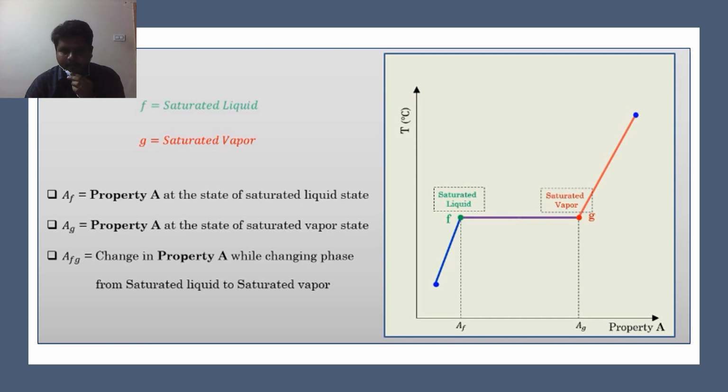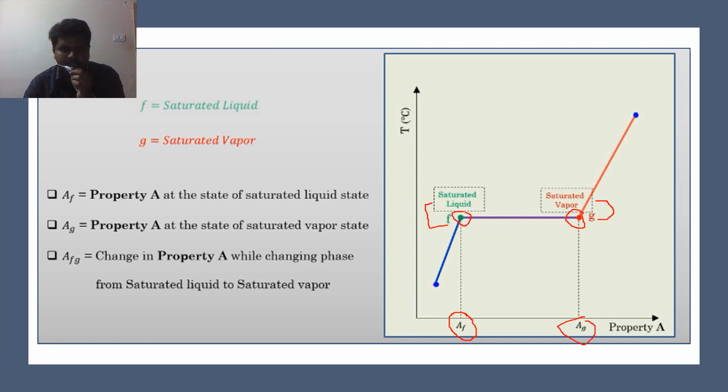As you can see here, property A is on the x-axis and T on the y-axis. Here the green dot denotes the saturated liquid state and the red dot denotes the saturated vapor state. F denotes saturated liquid and G denotes saturated vapor. Here on the x-axis, Af is the property A at the saturated liquid state.